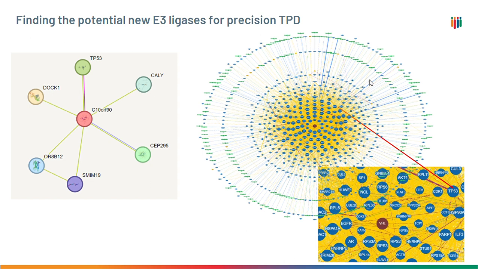You can also see that this E3 ligase C10ORF19 interacts with fewer than 10 proteins or substrates, including TP53, a major cancer driver factor.